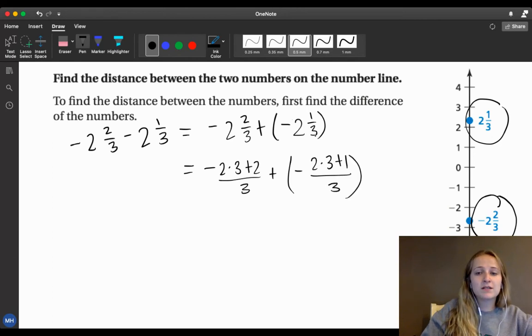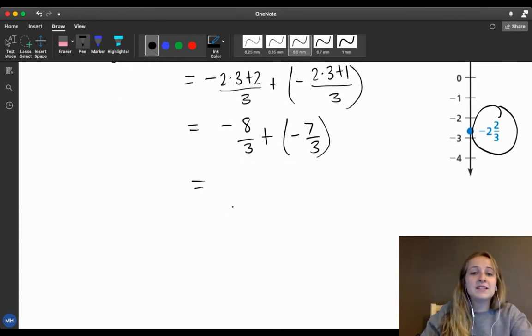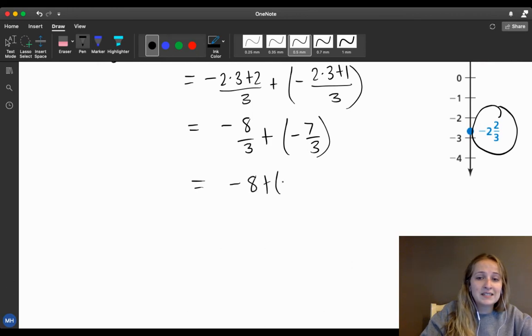Whole number times denominator plus numerator. Okay, that's going to give us negative 8/3 plus negative 7/3. Okay, then we're going to write this down here. It's going to turn into negative 8 plus negative 7 all over 3.